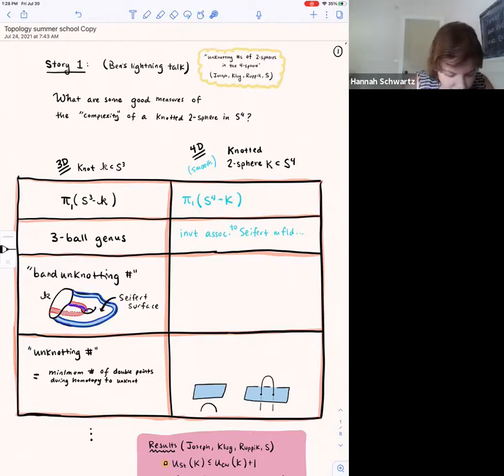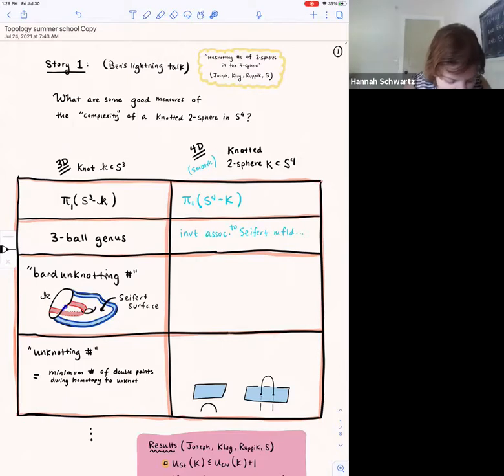Now you can go along and remove some bands from the Seifert surface so that at the end, you only see a disk bounded by the knot together with those bands. I don't know if I said that very clearly, but you can see it better from the picture than from what I'm saying.